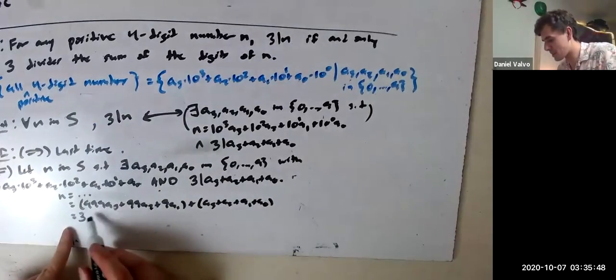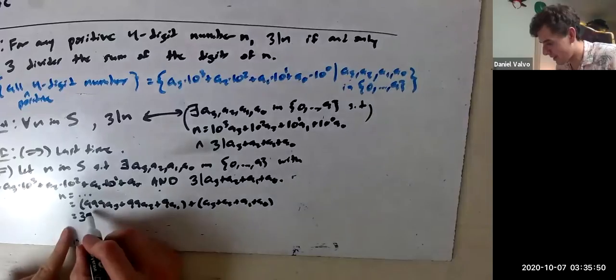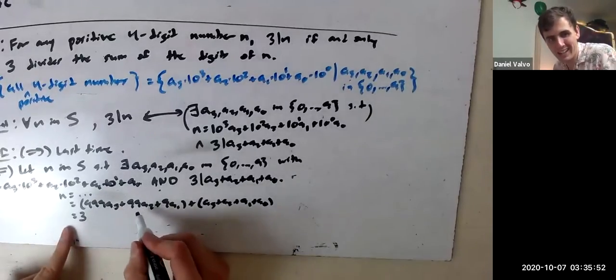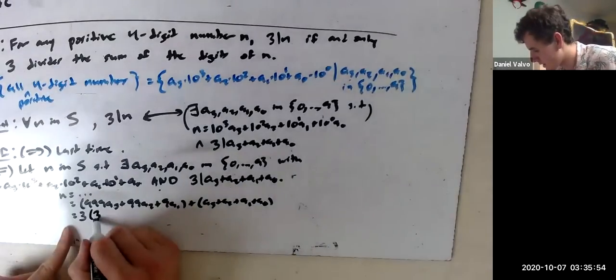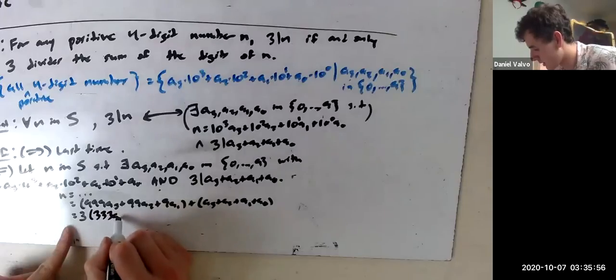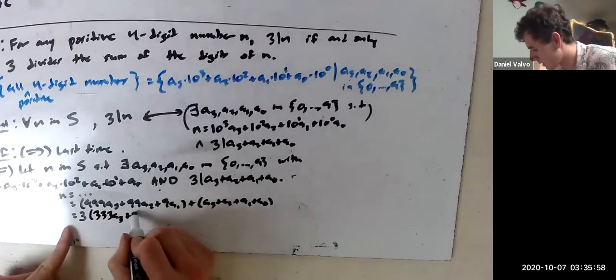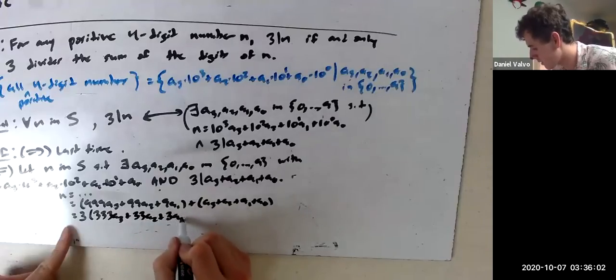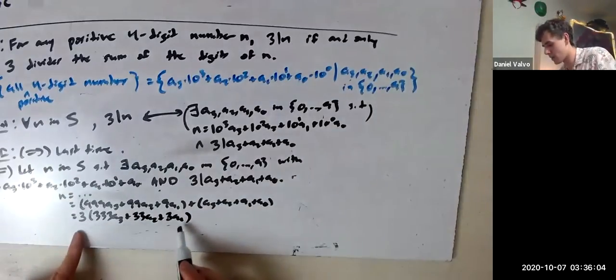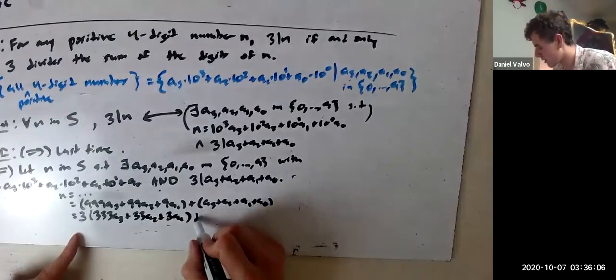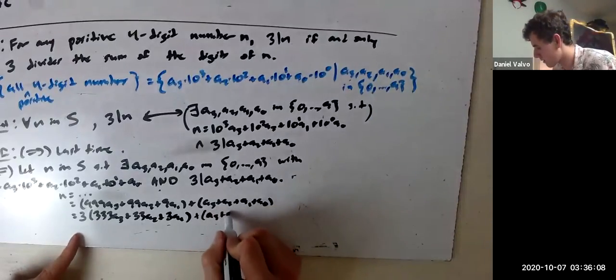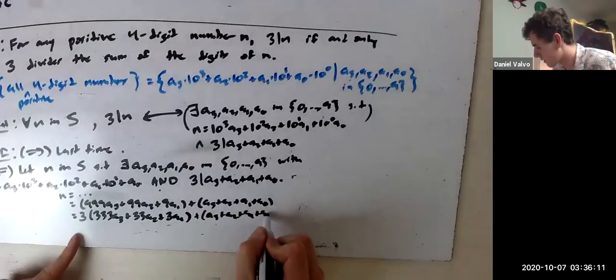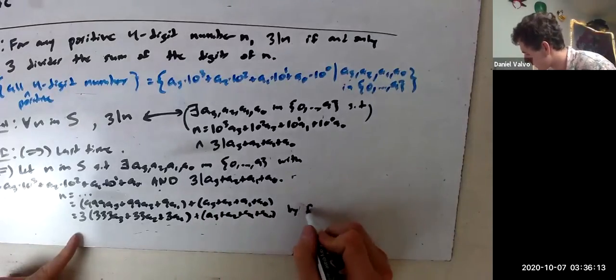this right here is a multiple of 3, right? Because 999 is a multiple of 3, 99 is, and 9 is. This is 3 times 333 A3 plus 33 A2 plus 3A1. And this is by factoring.